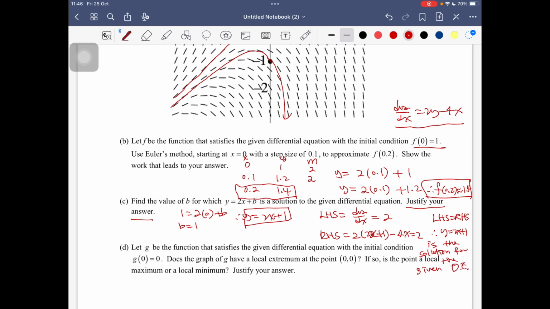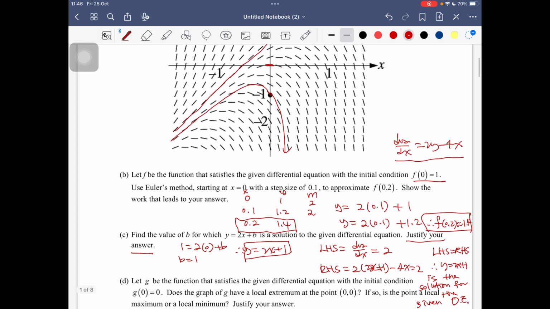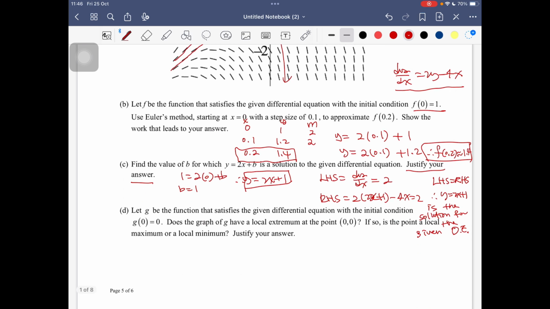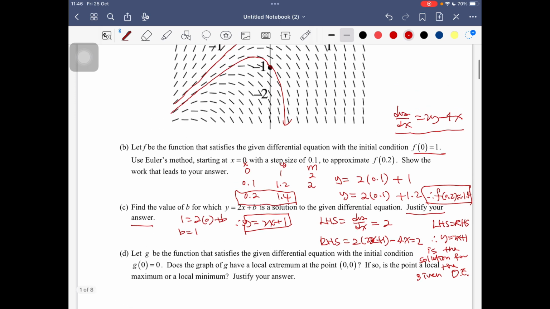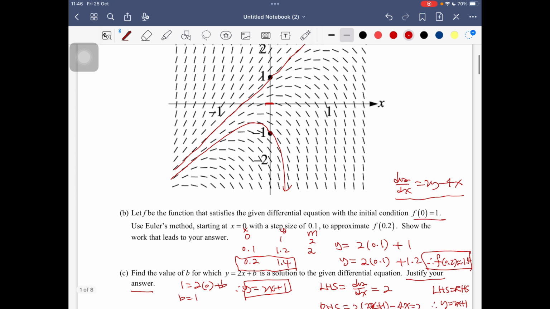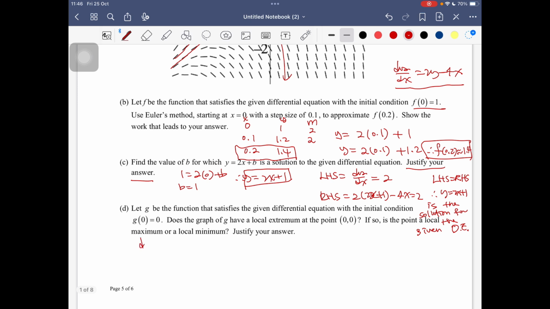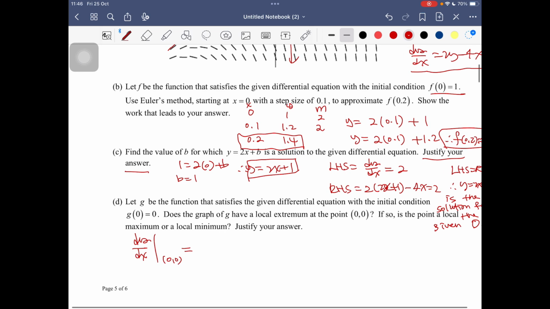Number D. For this differential equation, at (0, 0), does it have local extrema? If so, is it a local maximum or minimum? Justify your answer. It seems it has a local maximum through this slope field, so we can say, at (0, 0), dy/dx becomes 2 times 0 minus 4 times 0, which is 0.